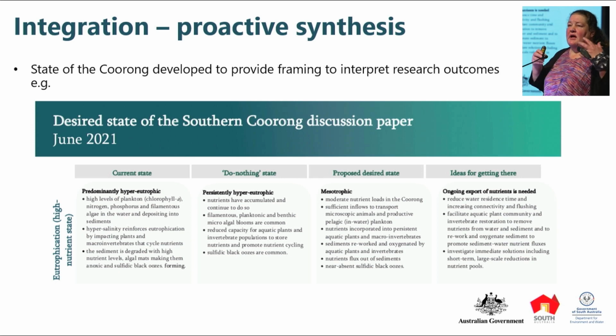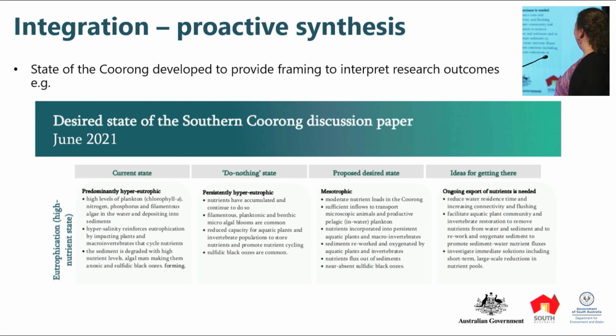And it allows us to put a framing around what our definition of the current state of the system is. And this is just one of the lines. This relates to the work Luke was talking about. What will happen if we don't do anything at all, the do-nothing state, what we think a good desired state would be based on targets and reasonable expectation of a functioning system, not assuming a static state.